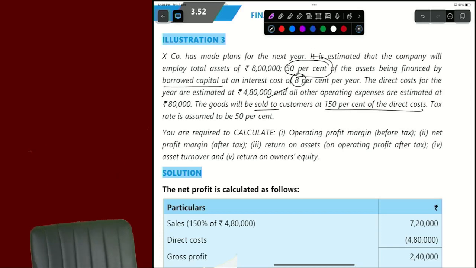Profitability means sales profitability. See there and tell. Do we write operating profit ratio in that or not? Third one. What is that? Operating profit ratio.